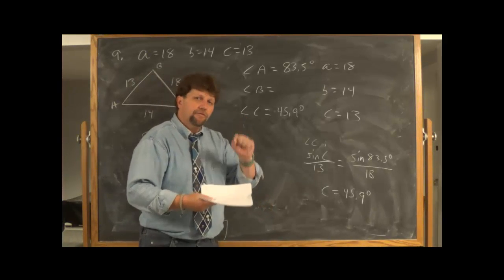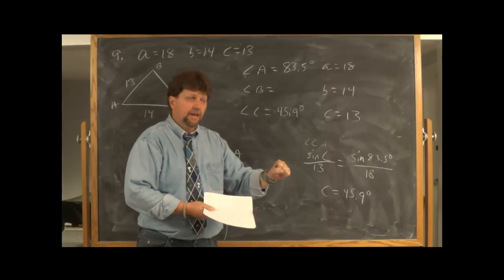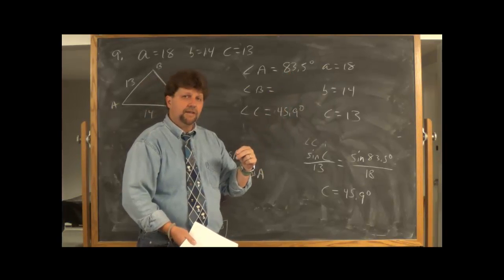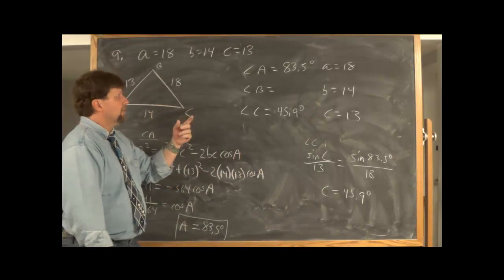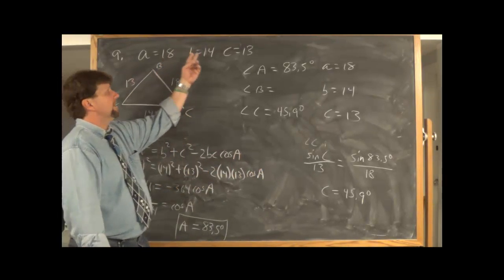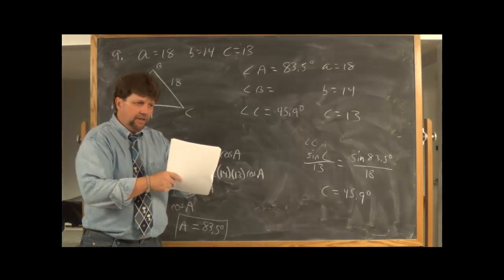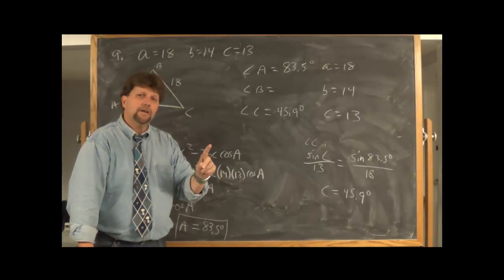I wasn't first forced to find an angle using the law of sines. I found angle A first using the law of cosines. Another reason, there's only one triangle you can draw that has these lengths. You give me a triangle and the length of all three sides, I know there's only one triangle.